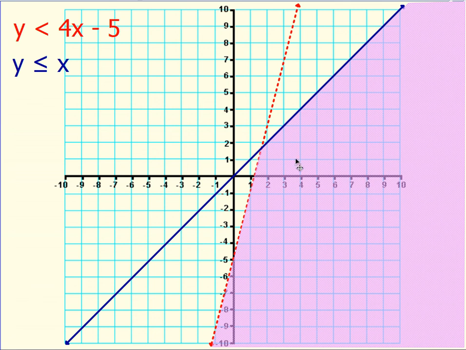And then, of course, the area that we shaded that satisfies both inequalities at the same time. So if you don't want to take the time to shade, pick a test point from all four sections and see which section satisfies or makes both inequalities true at the same time.